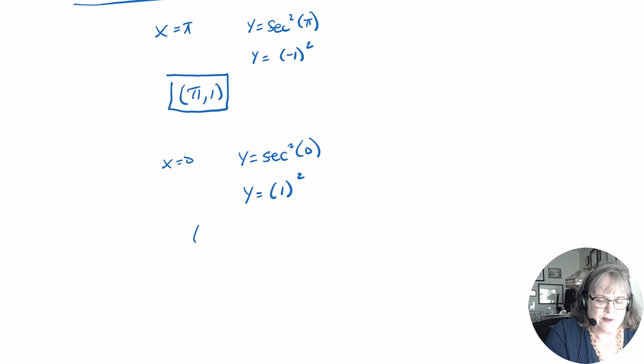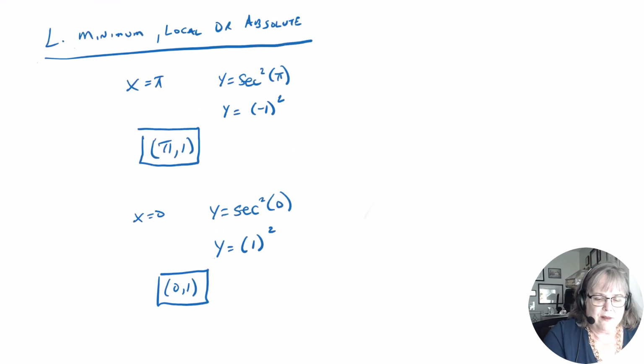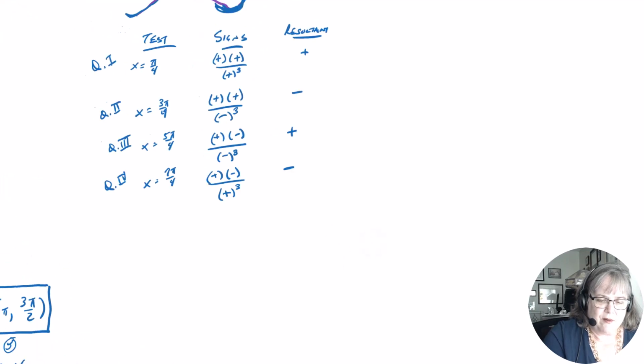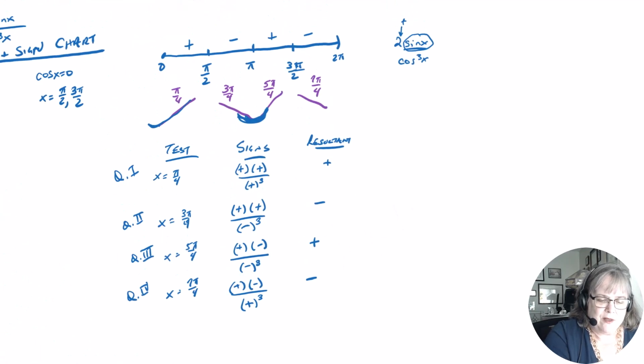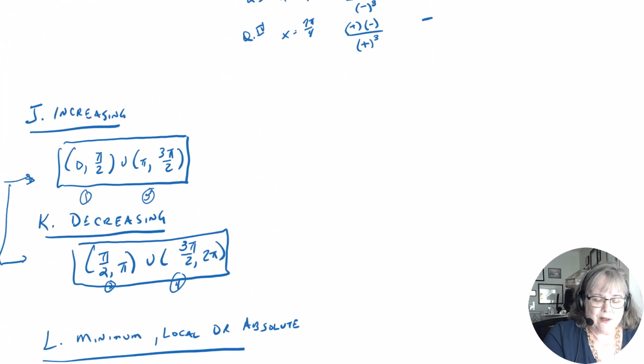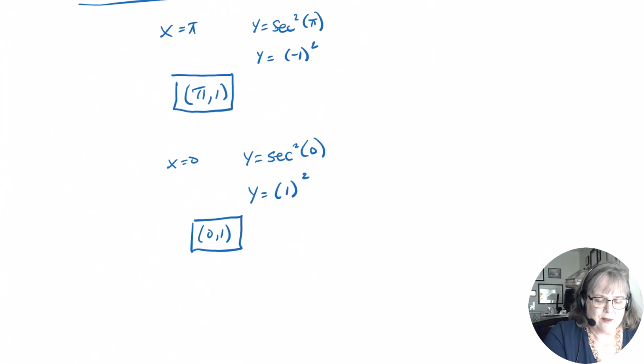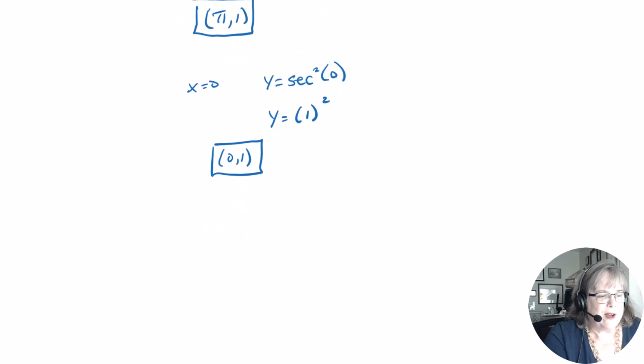So this is 0 and 1. And you could think, well, hey, if I'm going to do that down here on this left side, maybe I should do that over here on the right. But remember, 2 pi is not actually included in the interval. It's open on that end. So we're going to leave that one out because we never actually get there to 2 pi.